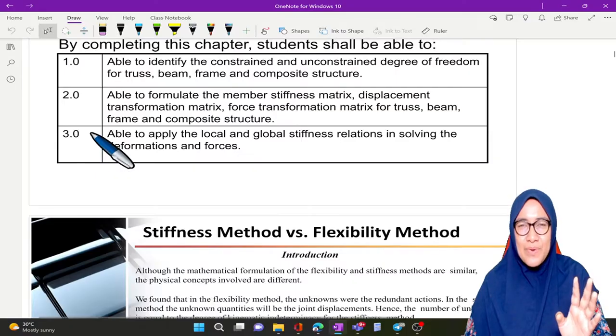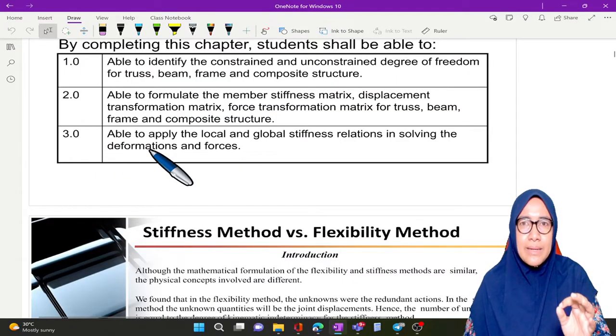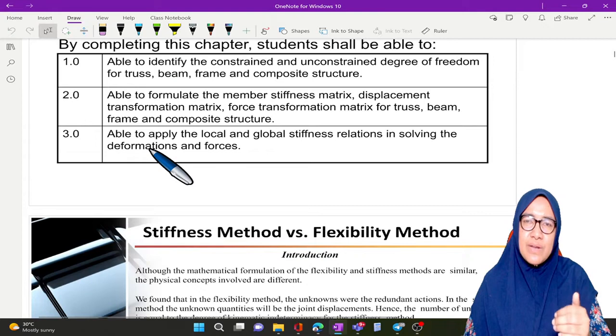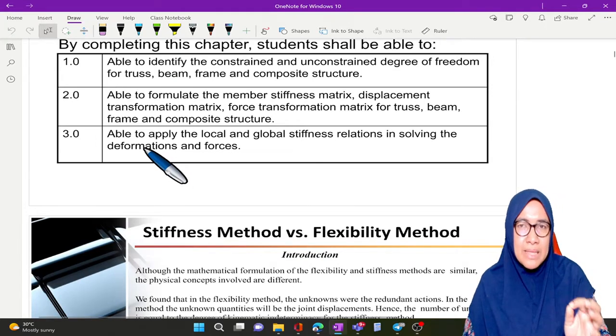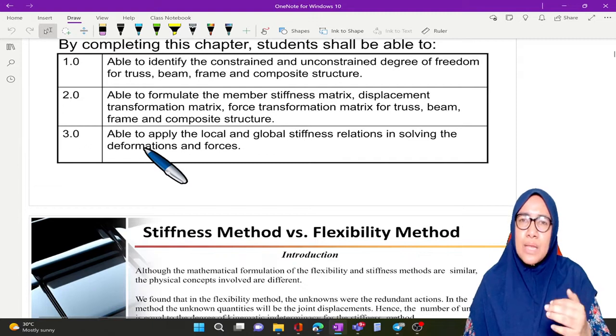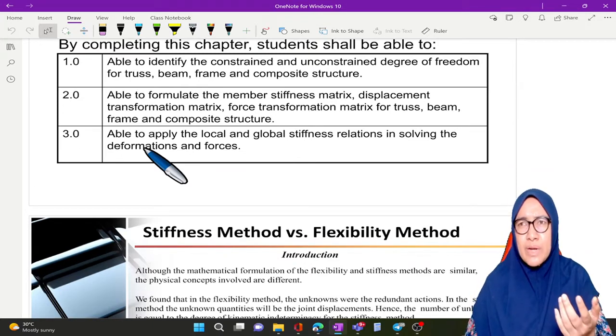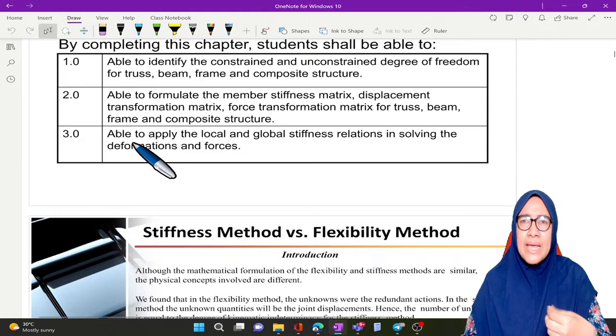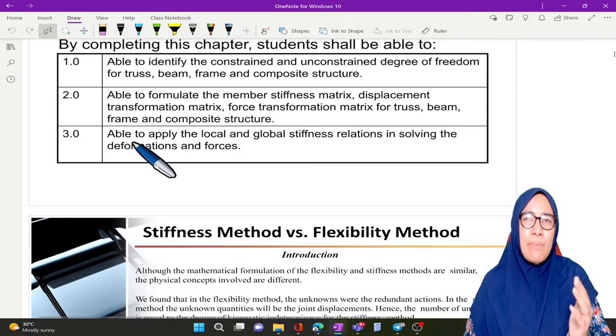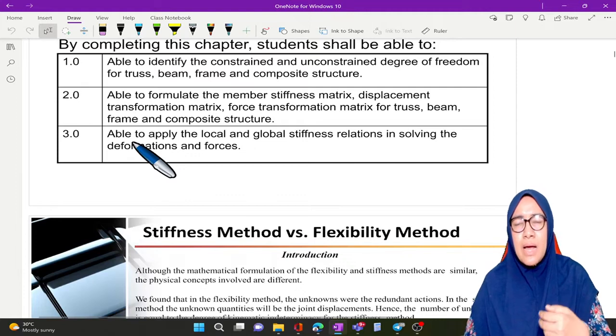In the stiffness matrix method, we use the word matrix because we will solve displacement, reaction, and internal forces using matrices.